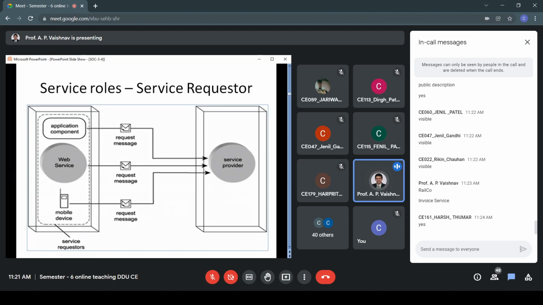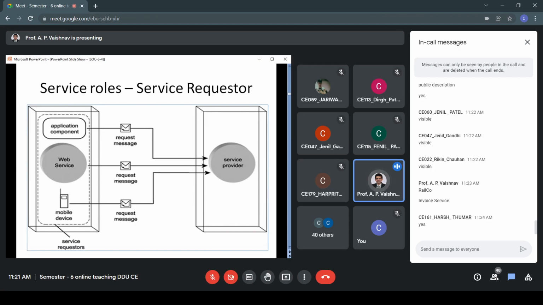Before we go for that question, let us look at what are the types of requesters we can have. So, the easiest example we can have is a web service to web service communication, which you can see in the middle. Right? You have an invoice service on one side, and invoice is calling the account service. That is called a web service to web service communication.